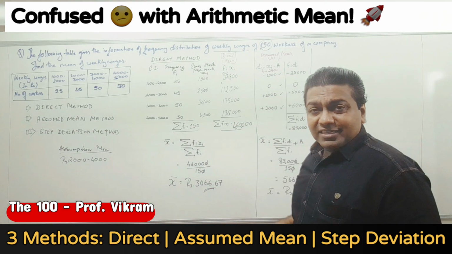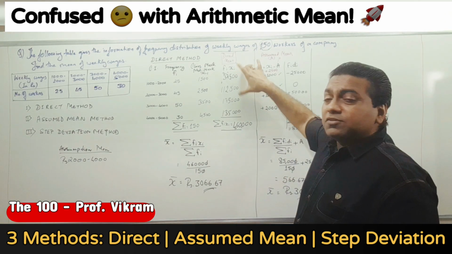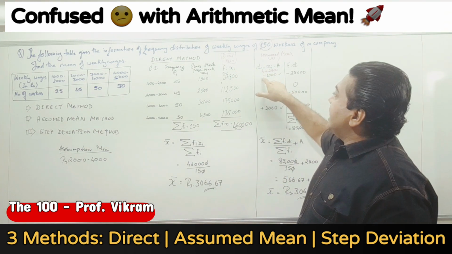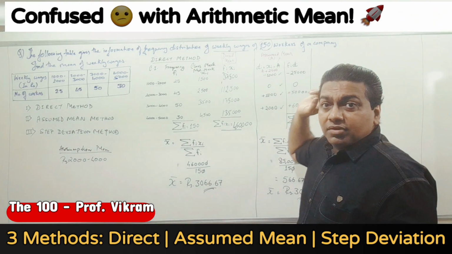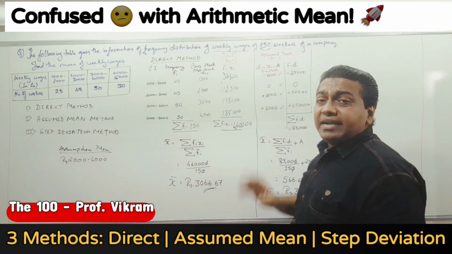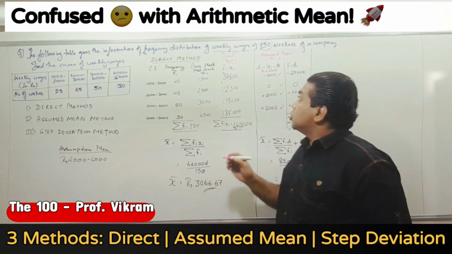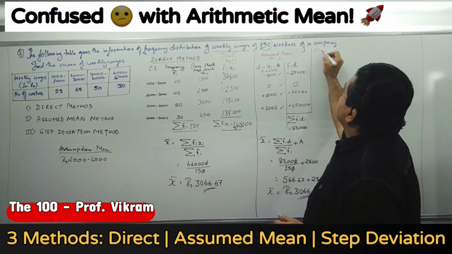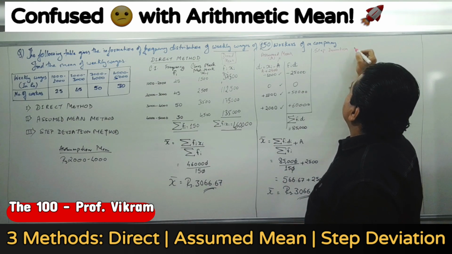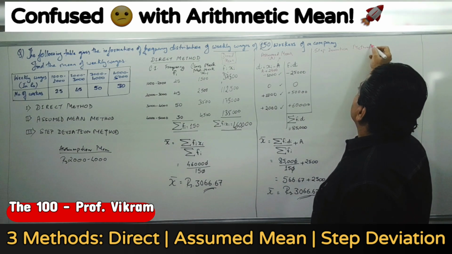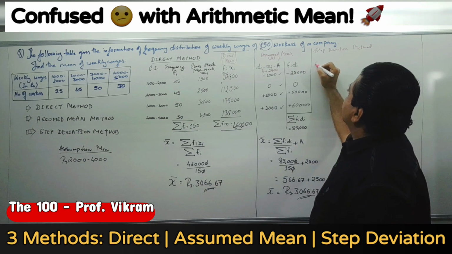Definitely Fi Xi is not going to come, because that column is for the direct mean. Di will definitely be there in the step deviation method, but Fi Di is not. So when we go for the step deviation method, I will have my first column as di is equal to xi minus a.